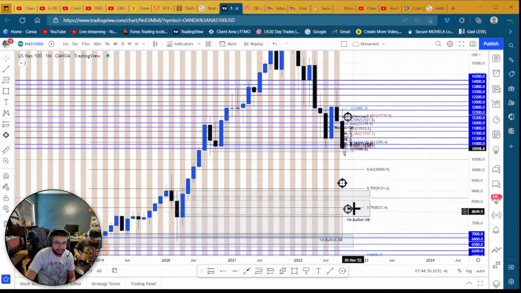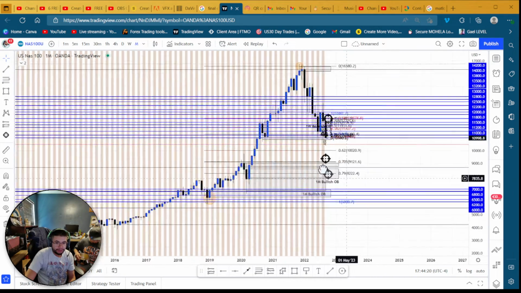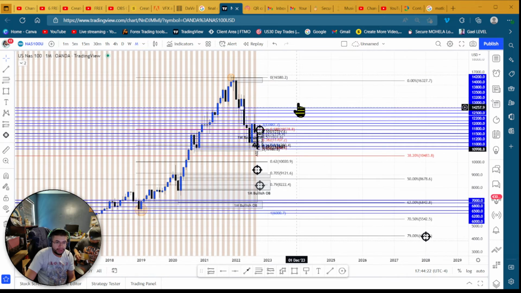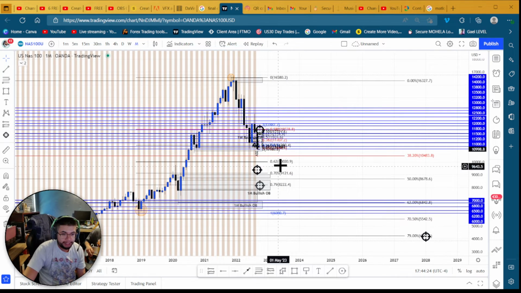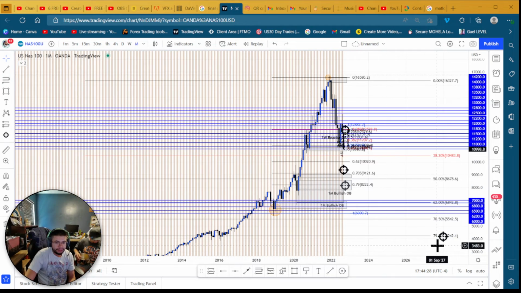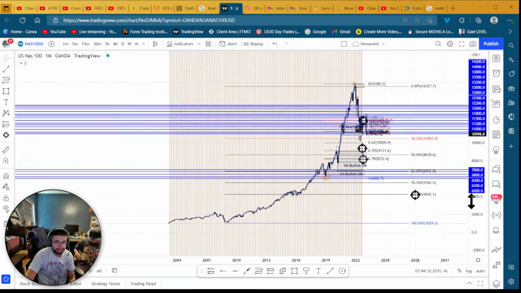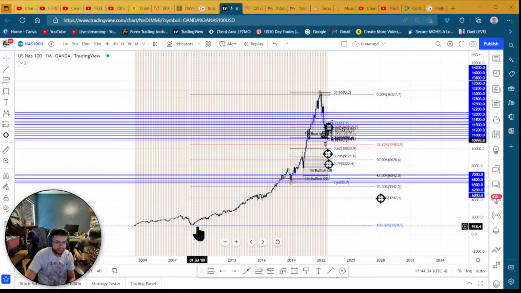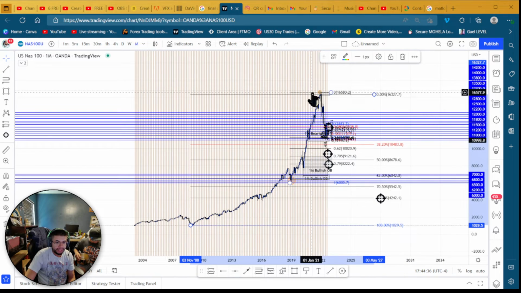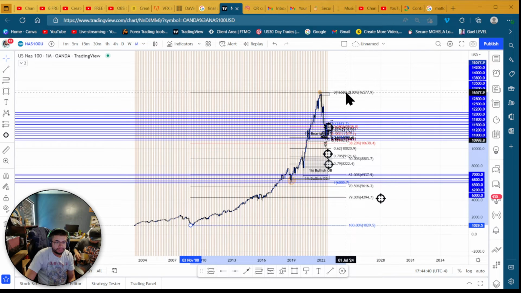Okay, and then it's moved back up to all-time highs, or it may range for a while. It may range, but what I have here is a bigger time frame fib that I drew from this low to this high, and I was just curious where could price go?